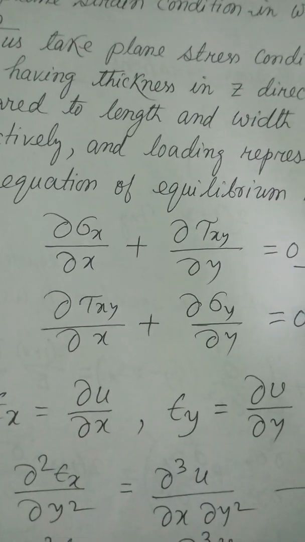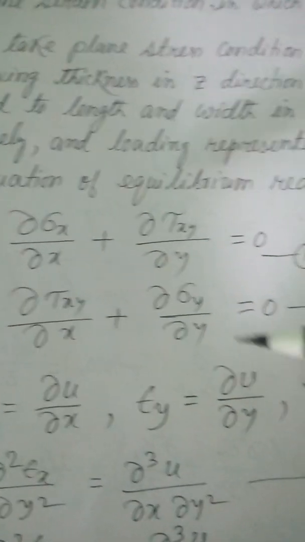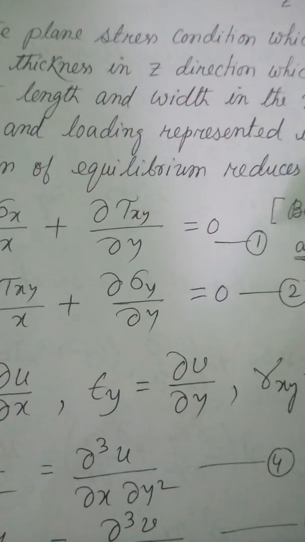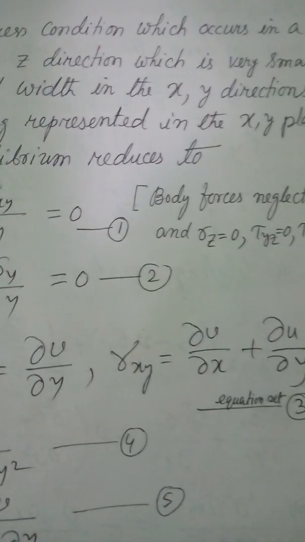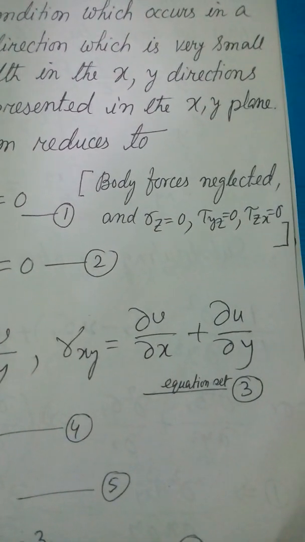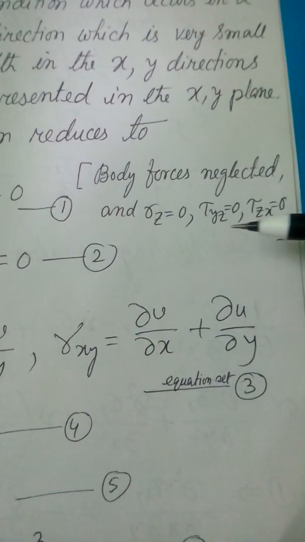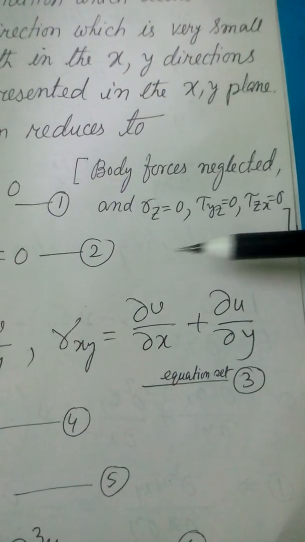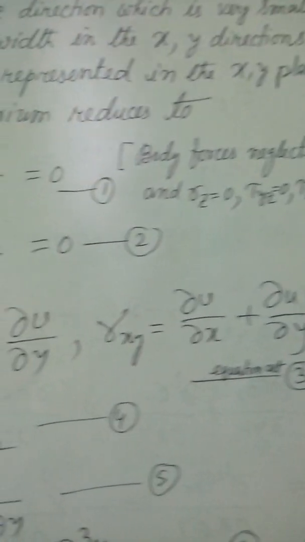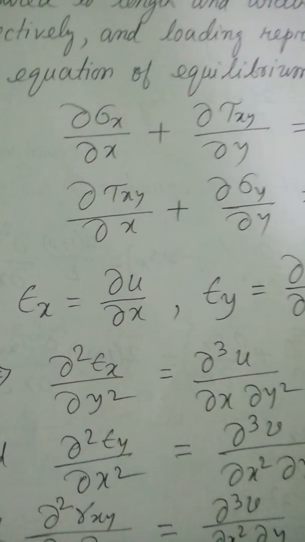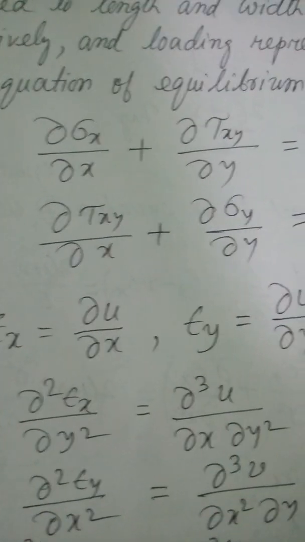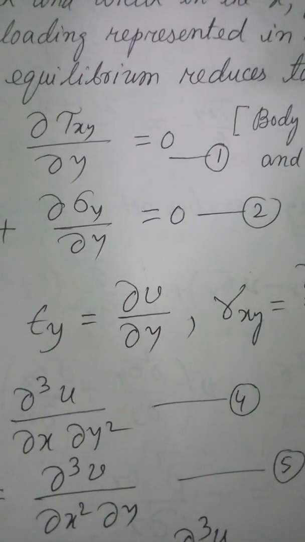No z will be there. This is equation 1, body forces neglected. And you know this one, no z term should be there, only xy. So this is equation number 2.